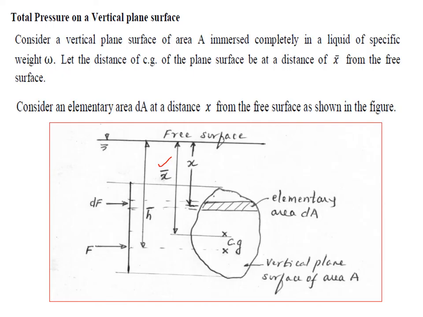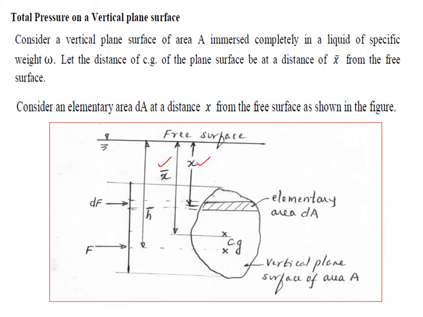Because if you take any other area, the distance x goes on changing. In the previous case, in the horizontal plane surface, if you take any elementary area, it was at a distance x bar, but in this case it is not so. As you move downwards, the distance x goes on increasing. Therefore here the variable quantity is x.